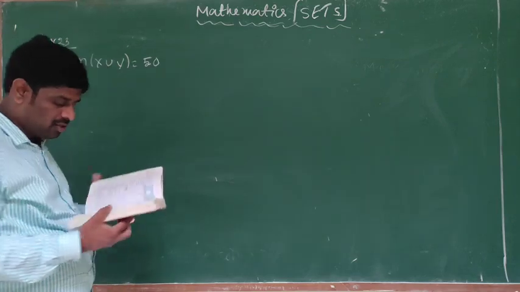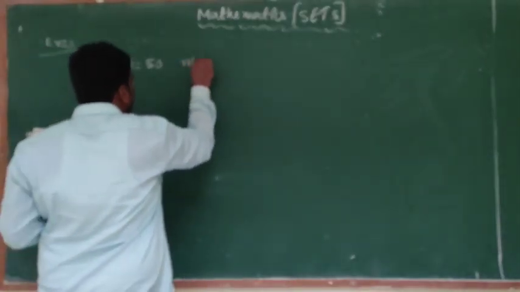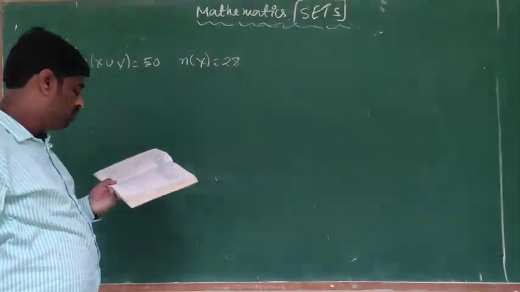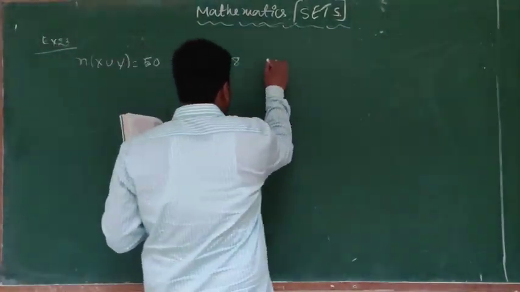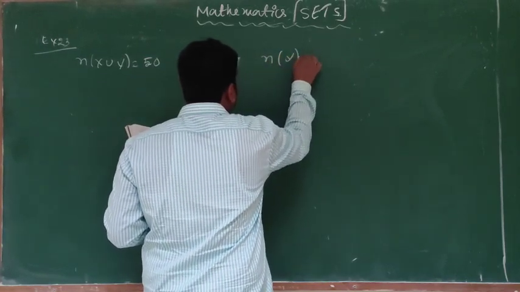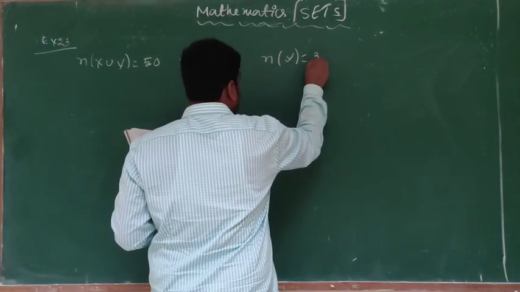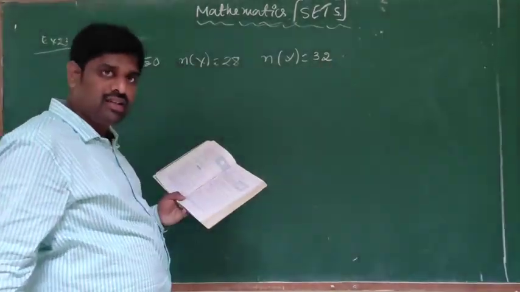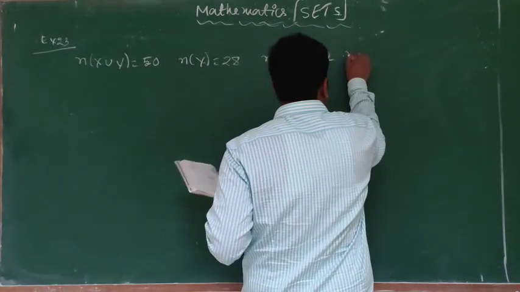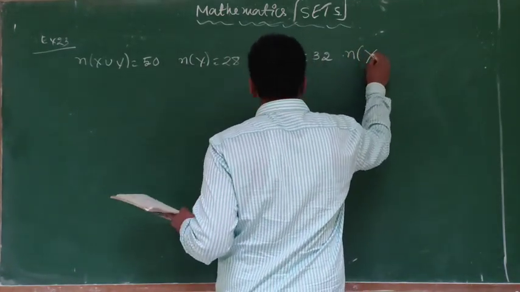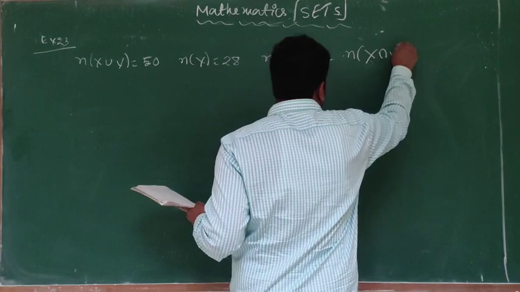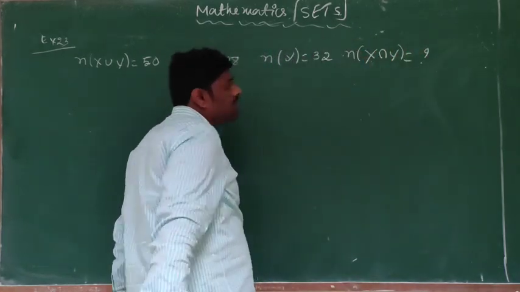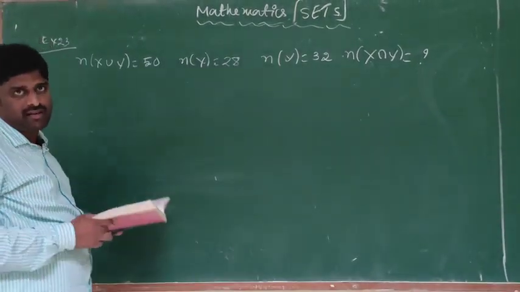X has 28 elements, n of X is equal to 28. Y has 32 elements, n of Y is equal to 32. How many elements does X intersection Y have? That means X intersection Y is question mark.